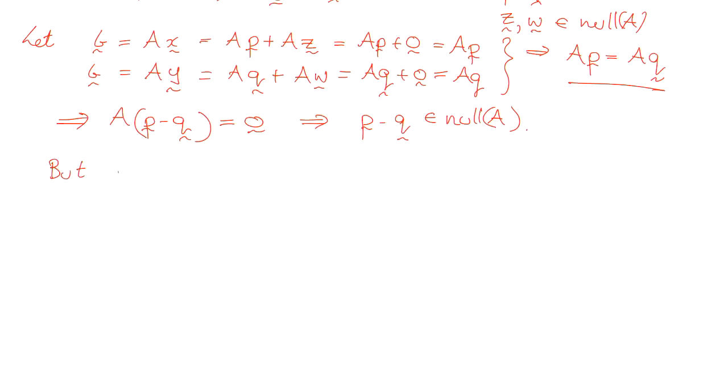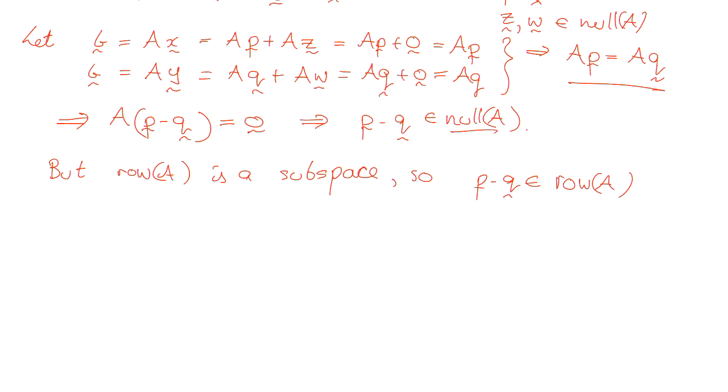All right, so this is basically the same argument as yesterday. The row space is a subspace. So because it's closed, p minus q also lives in the row space.